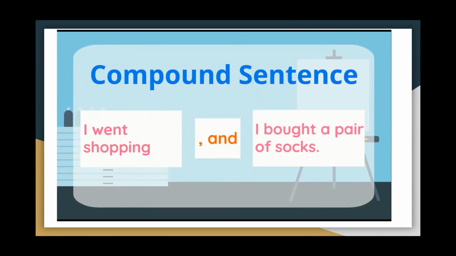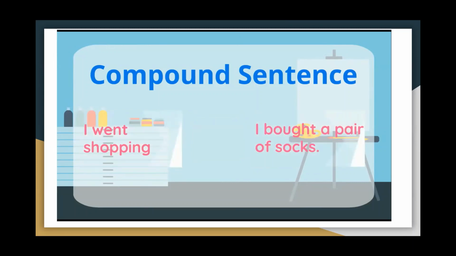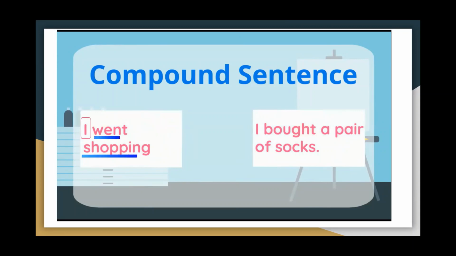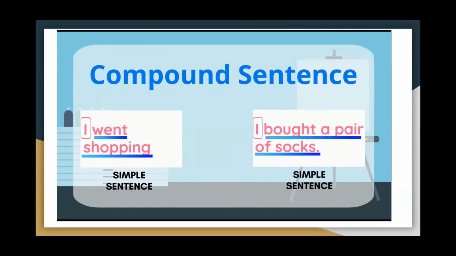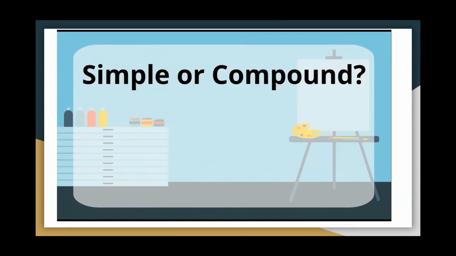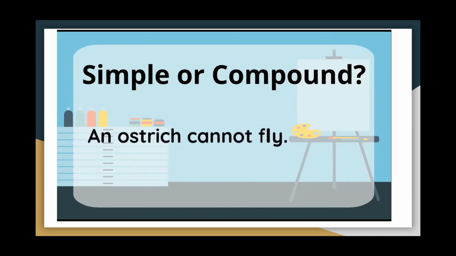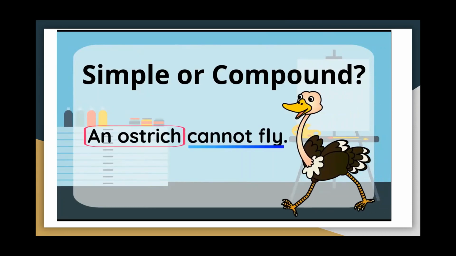Okay, now it's checking time. Subject and predicate. That's one simple sentence. Subject and predicate. That's another simple sentence. Two simple sentences connected with a comma and a conjunction, and. It's a compound sentence. Can you tell if this is a simple or a compound sentence? An ostrich cannot fly. An ostrich is the subject. Cannot fly is the predicate.